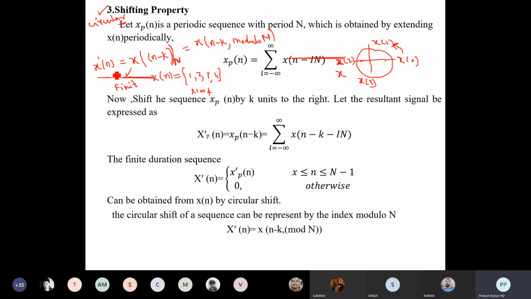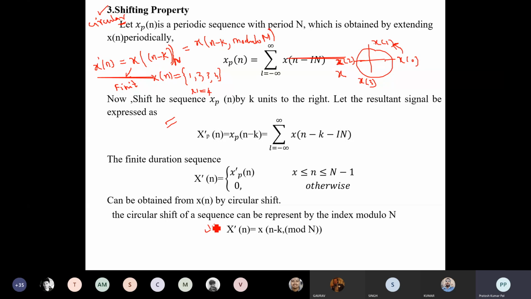Whatever shifting property is there, if we are shifting this sequence x of n by k steps with respect to n, that is 4 steps, it will show a circular shift property, and it will have its opposite nature. We will see it using some examples, so this will be more clear when we use the example.